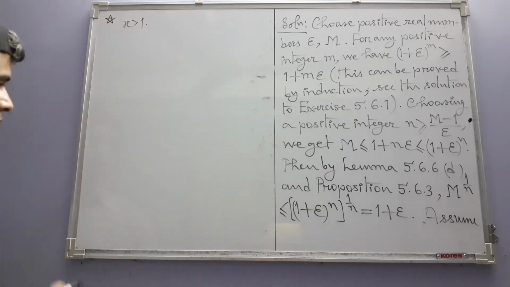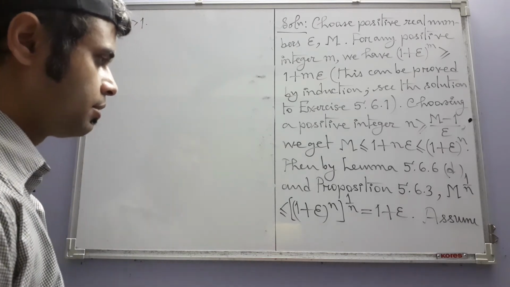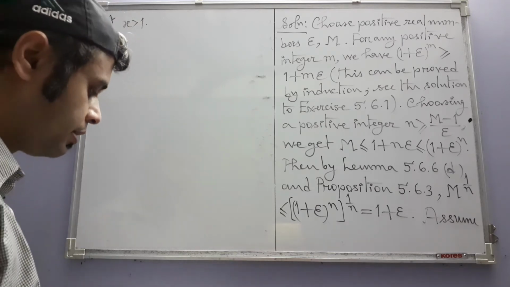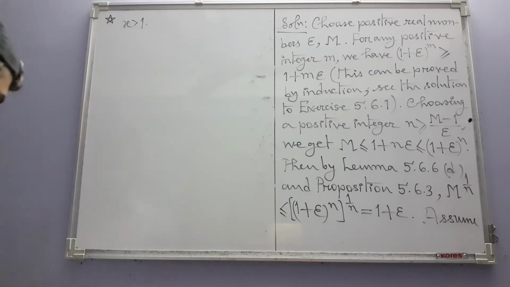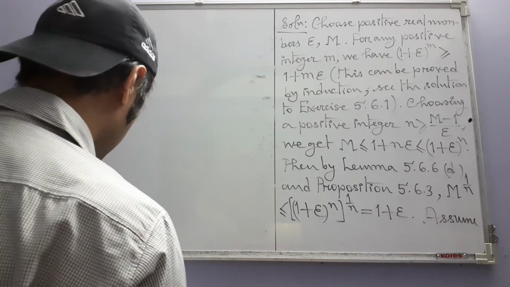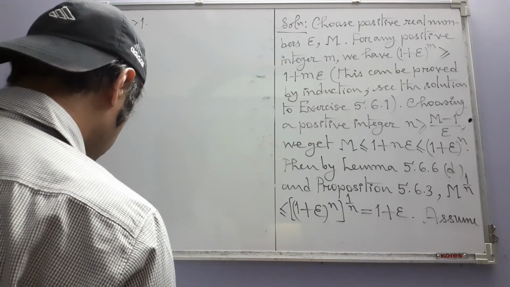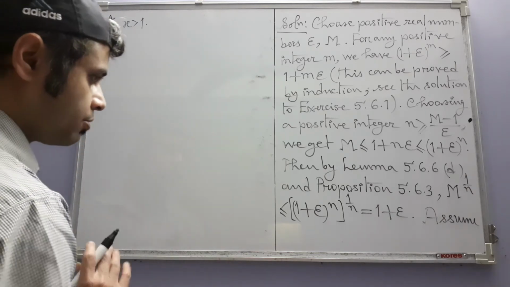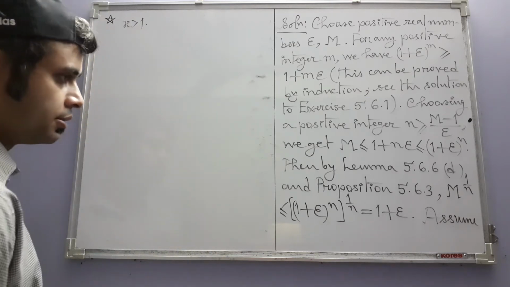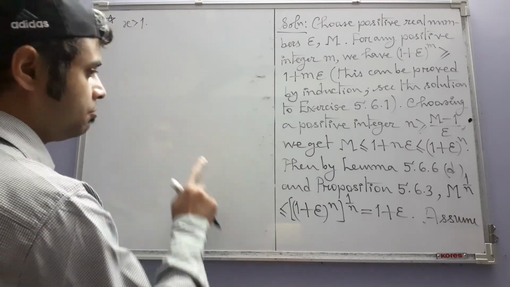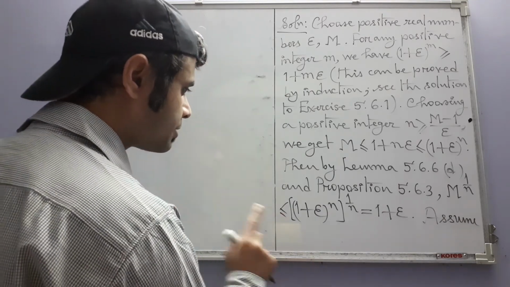If x is greater than 1, then the nth root of x also is greater than 1 for any positive integer n. This is a fact. And it actually comes from the solution to exercise 561. Okay, so now, but before those things, what we will now do is we will take x in place of m here.